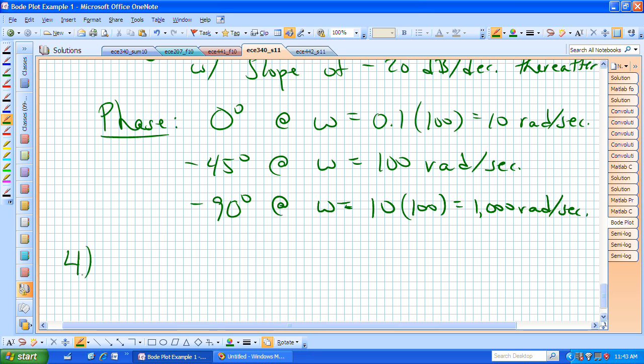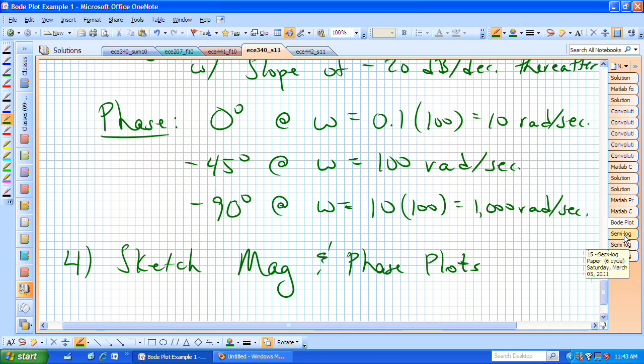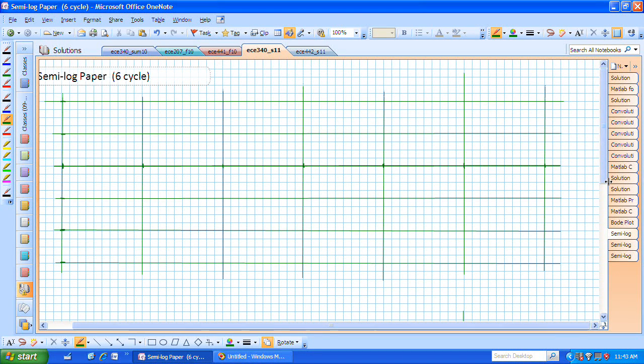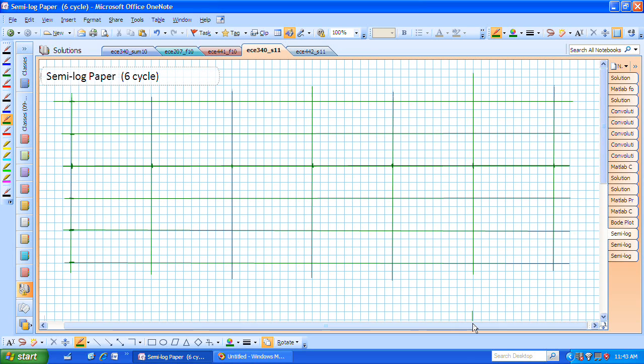Now we're able to go ahead and sketch all of these pieces that we've just listed in writing to allow us to maybe more effectively sketch the magnitude and phase plots for this particular transfer function. I now have some 6-cycle log paper.